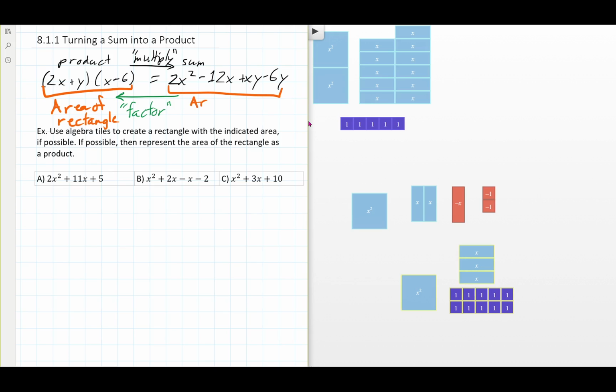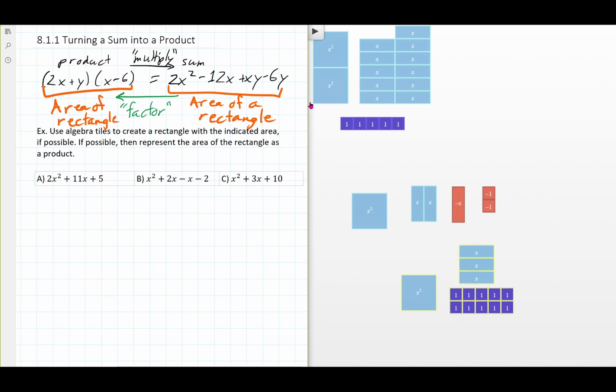So this is also the area of a rectangle. And so the reason they're equal is because they're both representing the area of a rectangle. Again, it's just a matter of how you're looking at it. And you might prefer the product or the sum based on what you're trying to do.